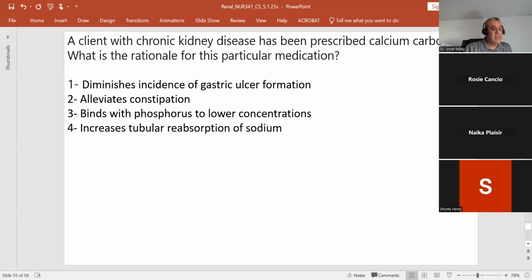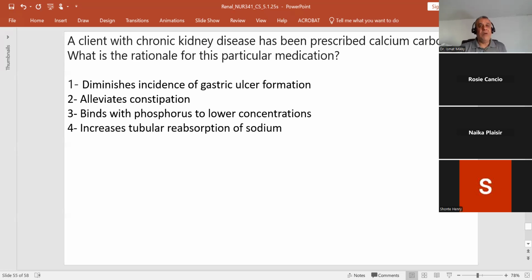So, client with chronic kidney disease. Remember that acute pyelonephritis or acute glomerulonephritis, AGN, both scenarios, especially AGN, sometimes becomes chronic GN, and eventually, if untreated or undertreated, may result in acute kidney injury and maybe CKD, chronic kidney disease. So these conditions may progress into chronic kidney disease.